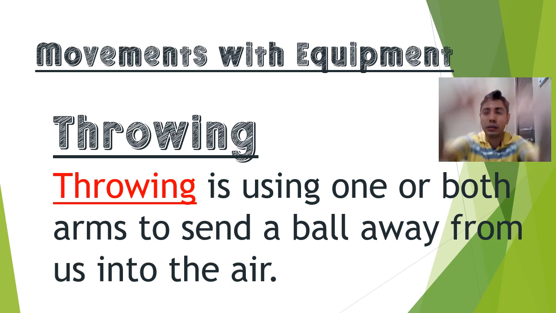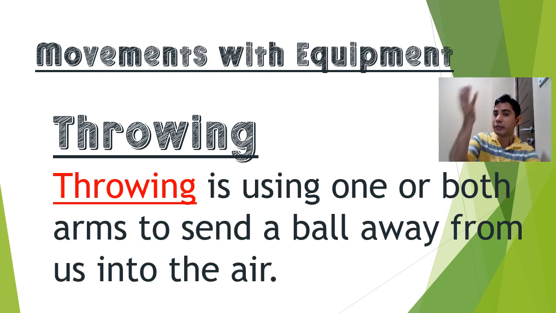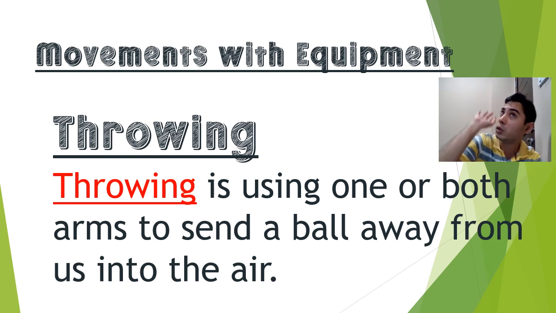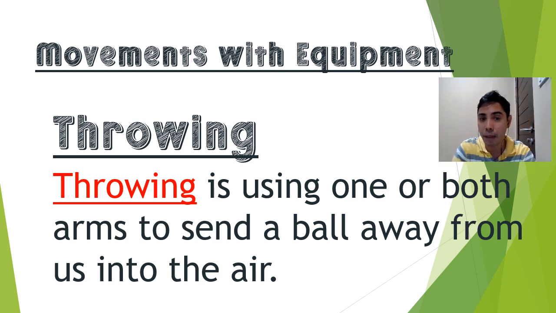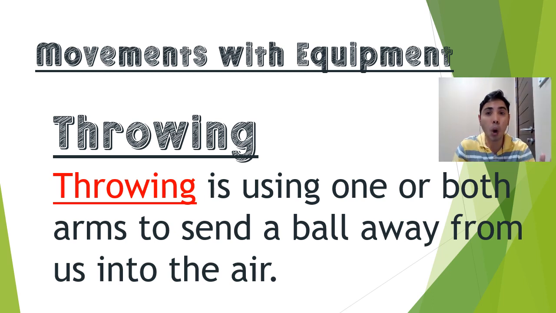Away from us. See, you throw. You use your arm, your hands, and you lift, and you can bend or you can swing, and then you throw. That is an example of a non-locomotor movement. We throw. And sometimes we can use a locomotor movement like running.